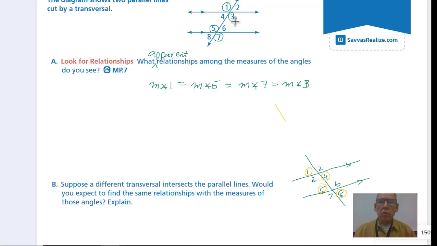I missed that. Angle 3 and angle 5 are congruent. Those are alternate interior angles. So we would expect to find the same relationships if the angle of the transversal was changed.